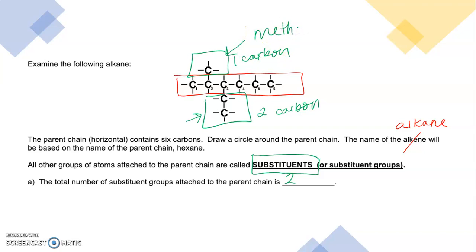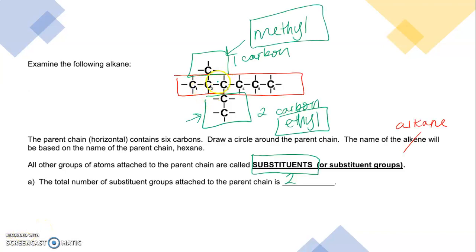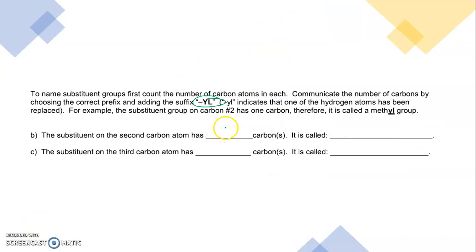But instead of saying methane, because it's a group now, we'll call it methyl. So what would be the name of this substituent group with 2 carbons? Well, the prefix is eth, and since it's a group, it would be called ethyl. So you have methyl and you have ethyl. So the substituent on the second carbon atom right here has one carbon, so it's called methyl. And the substituent on the third carbon has two carbons, and so it is called ethyl.